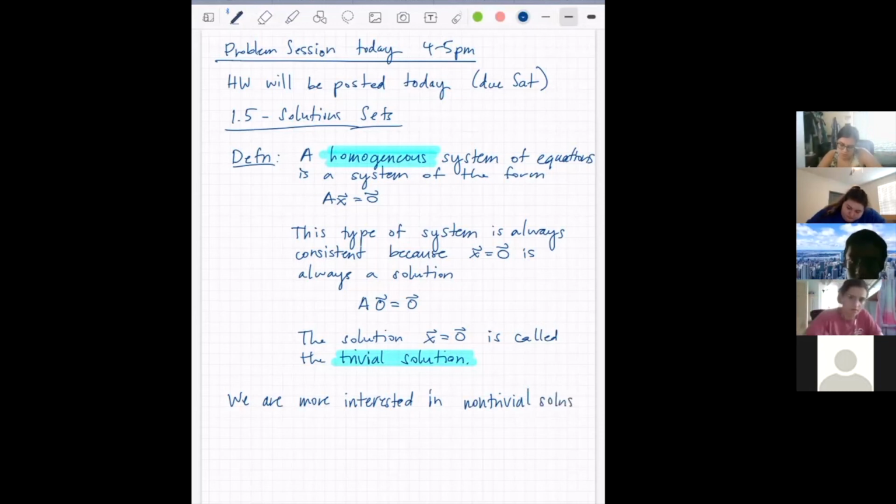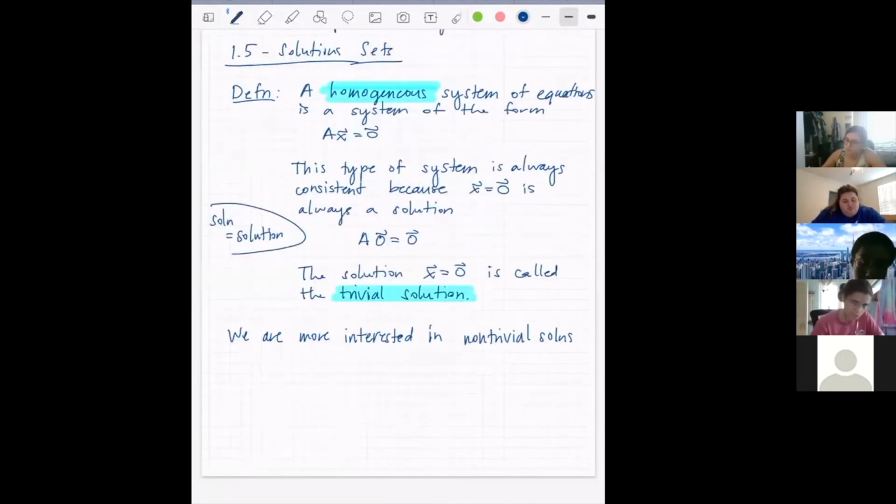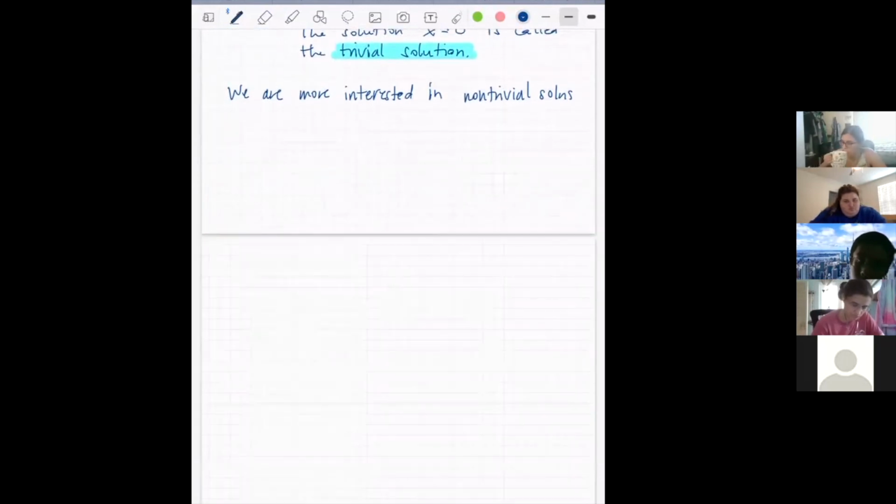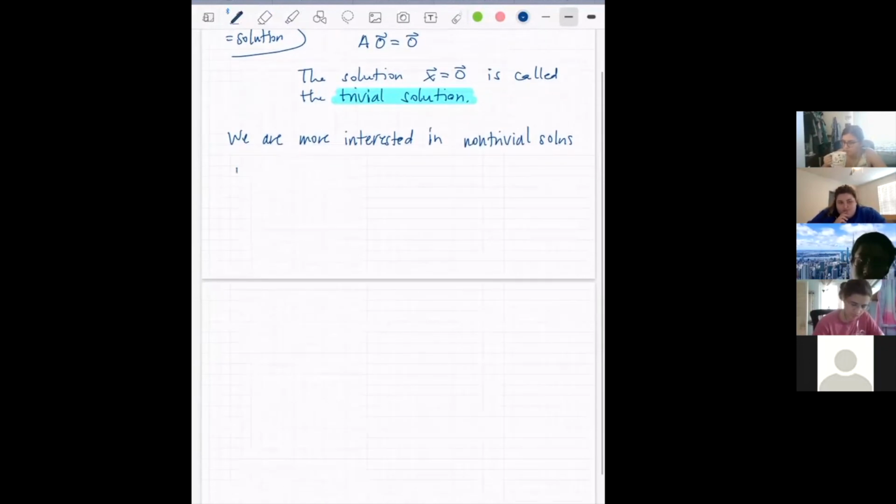So this is how I abbreviate solutions. I know it's kind of strange, but SOLN is solution. Okay. So non-trivial solutions of homogeneous systems. Here is a fact.